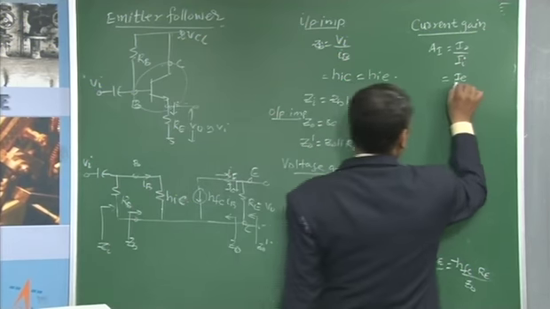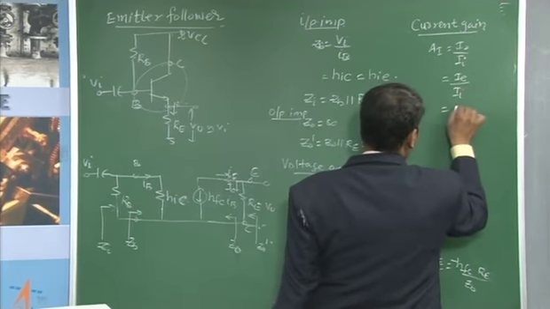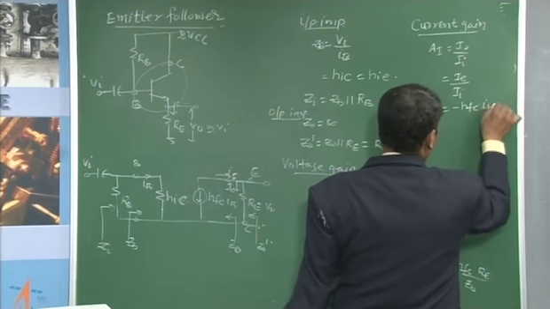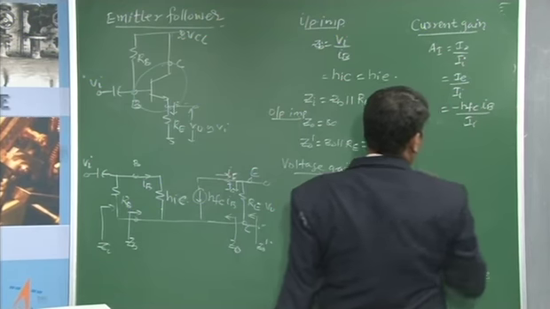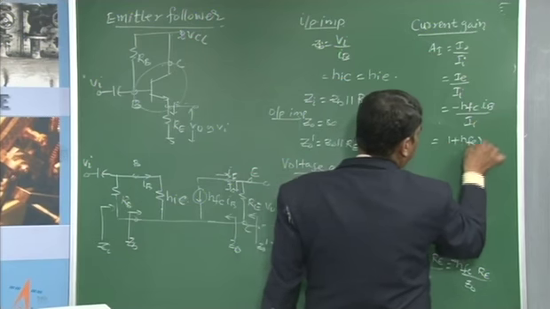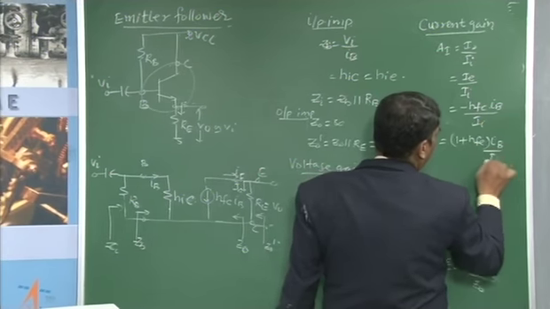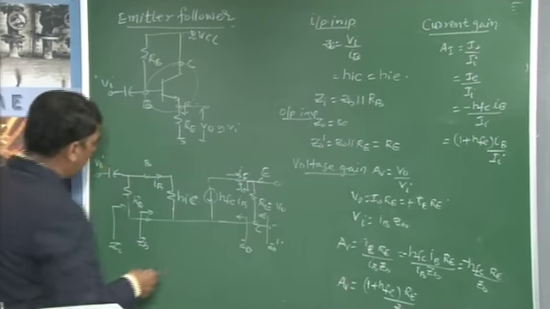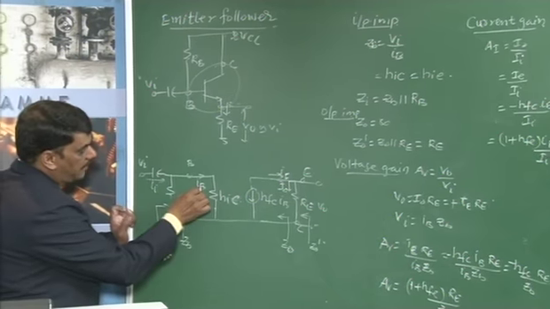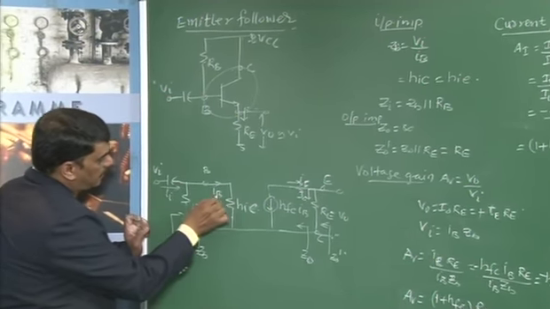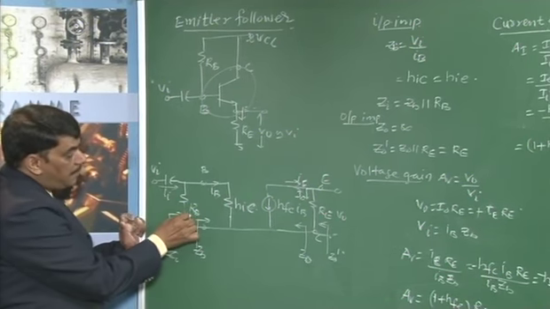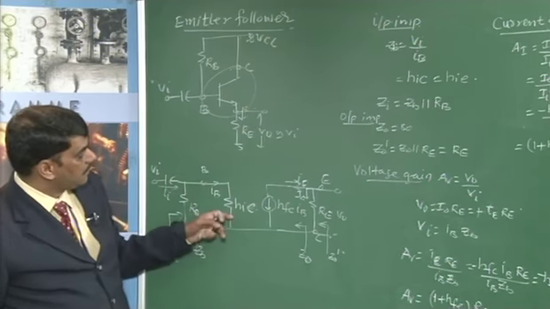This is equal to minus HFC IB by II, where HFC is nothing but 1 plus HFE, times IB by II. To find this IB by II, the current flowing through this is II and the current flowing through this is IB. Using circuit analysis, we are going to get IB equal to the total current multiplied by the base resistance RB divided by RB plus HIC.